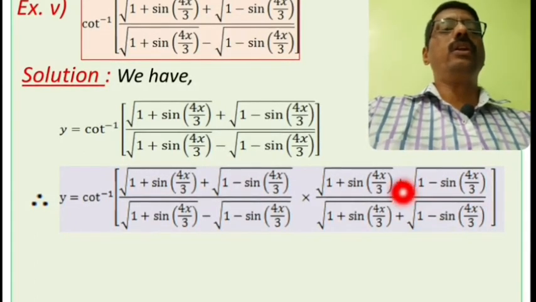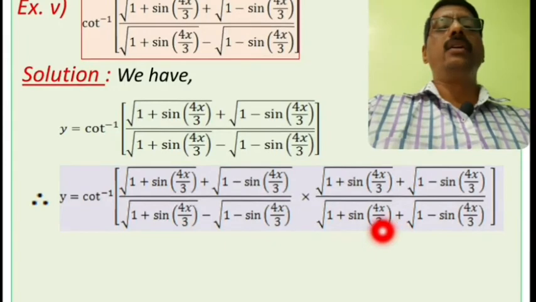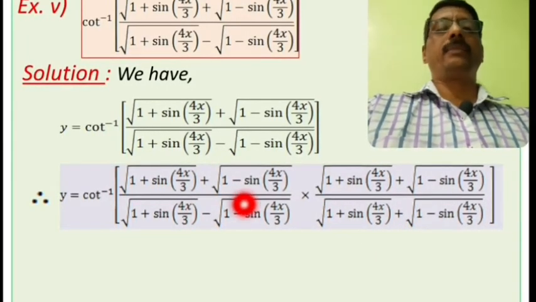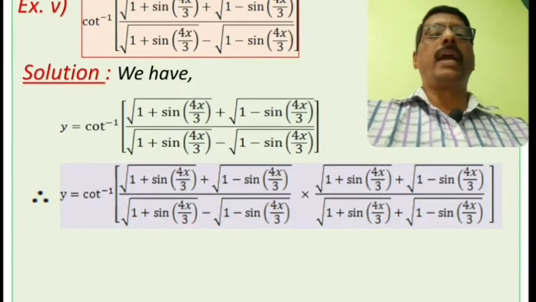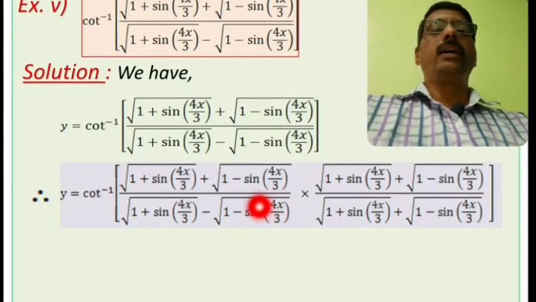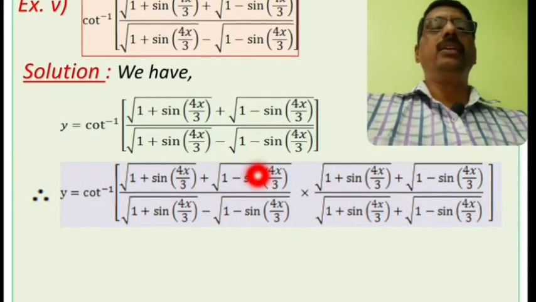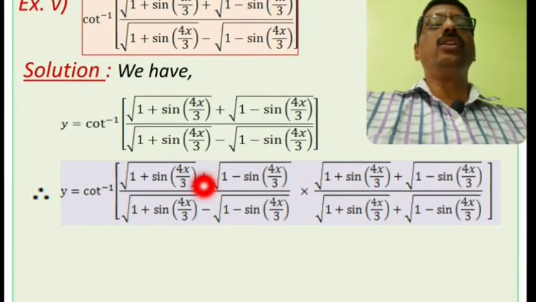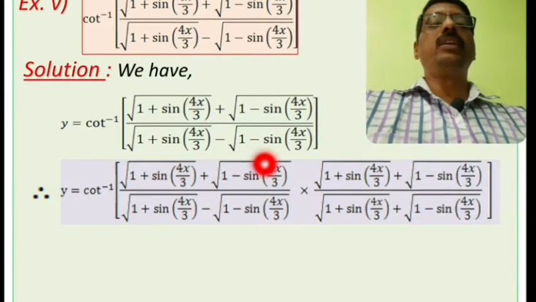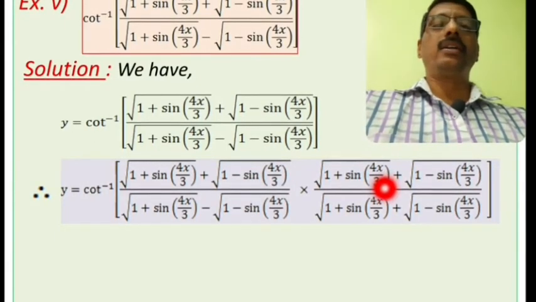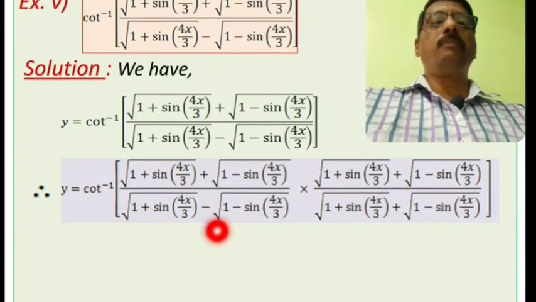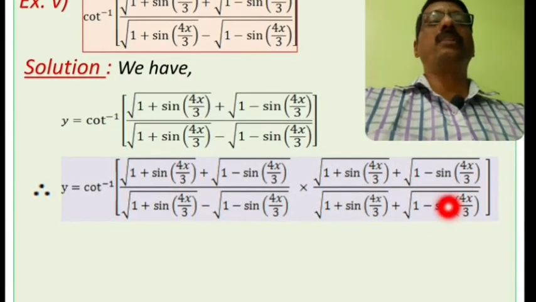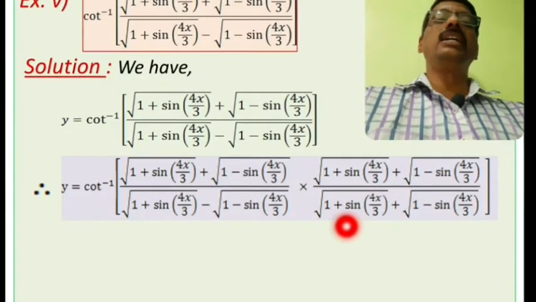We have to multiply and divide the whole function in the bracket. In the bracket we have a plus b into a plus b, that means in the numerator a plus b bracket square, and in the denominator a minus b into a plus b, that means a square minus b square.